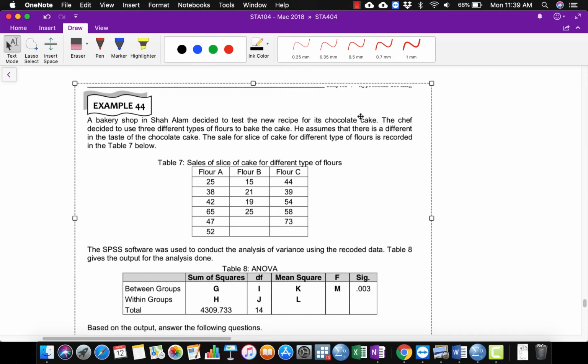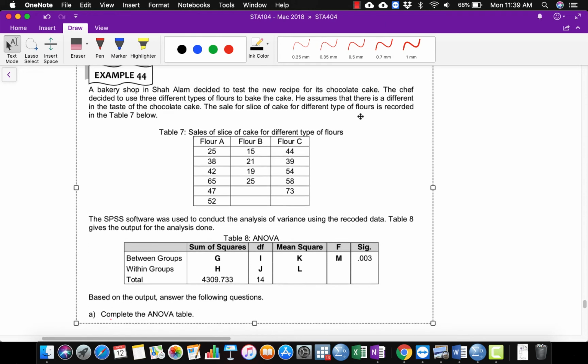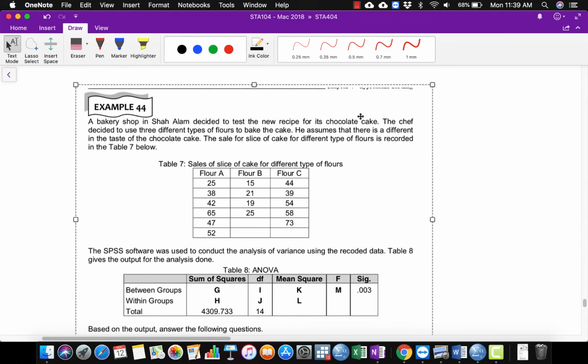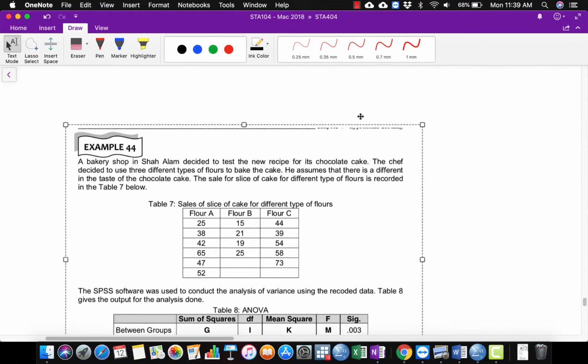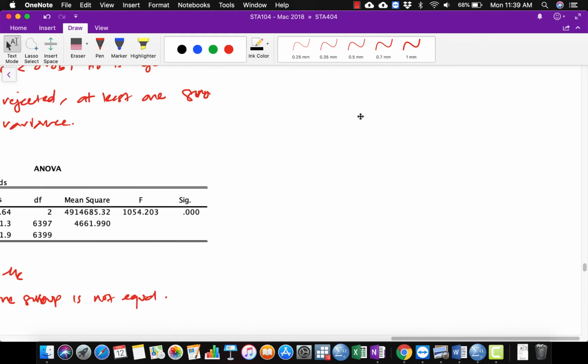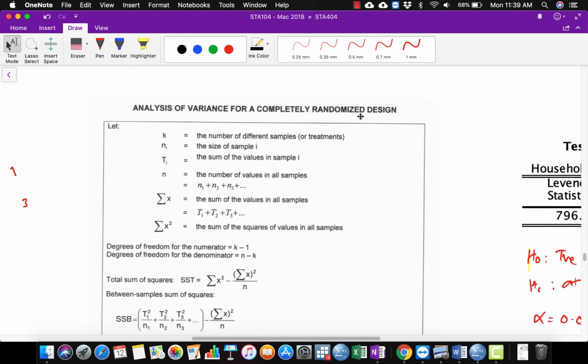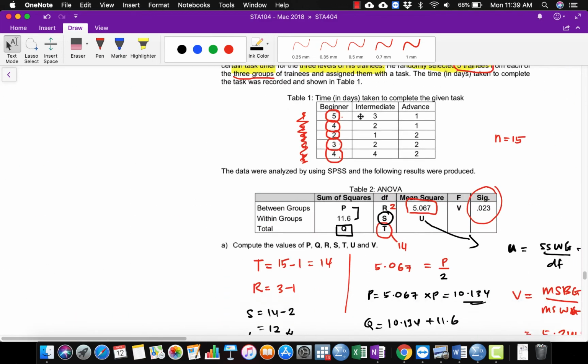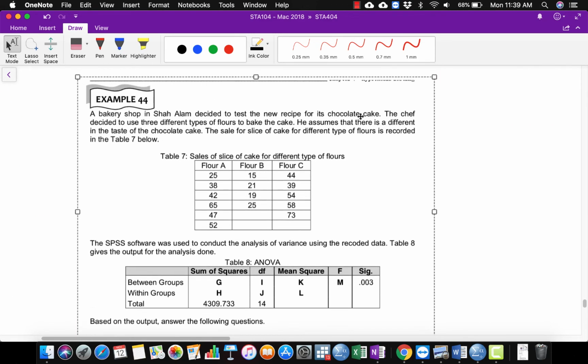We look at example number 44. In example number 44, we need to apply some formula given in the appendix of your final exam question, right?